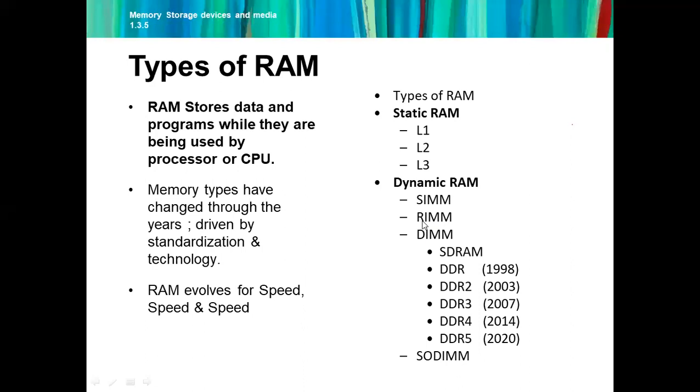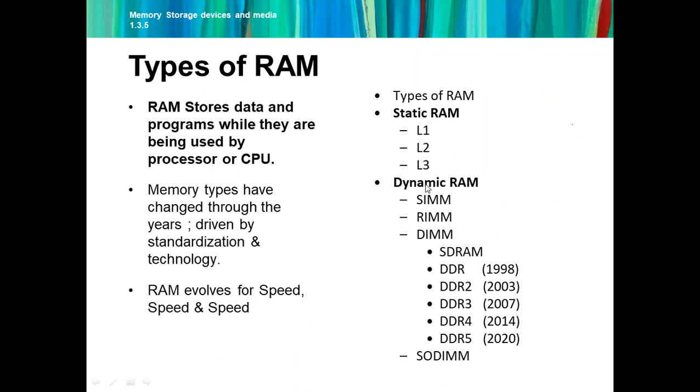Then RIMM, whose name came from the company's name, Rambus inline memory module, and then we have a dual inline memory module, and then SDRAM and the DDR, double data rate 2, double data rate 3, double data rate 4, and the 5. So yes, we do have categories, but you don't have to go for it.